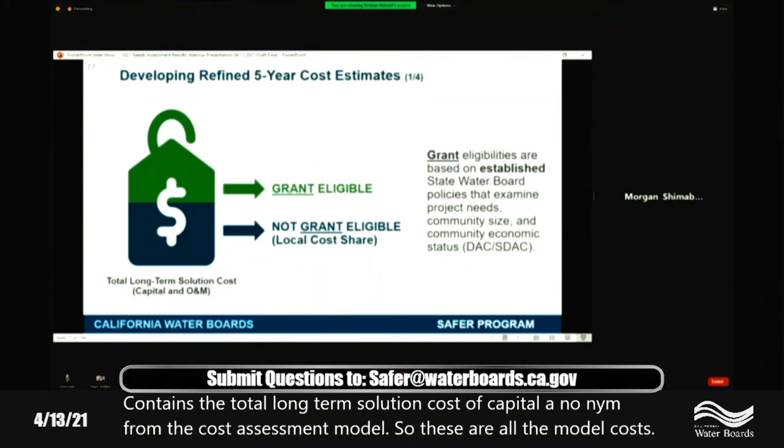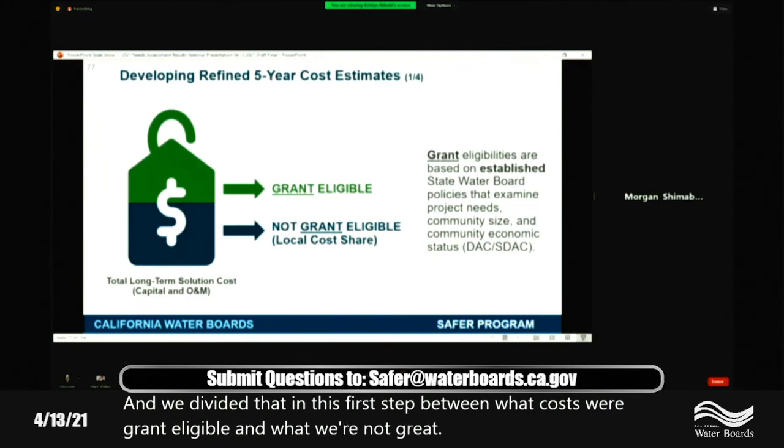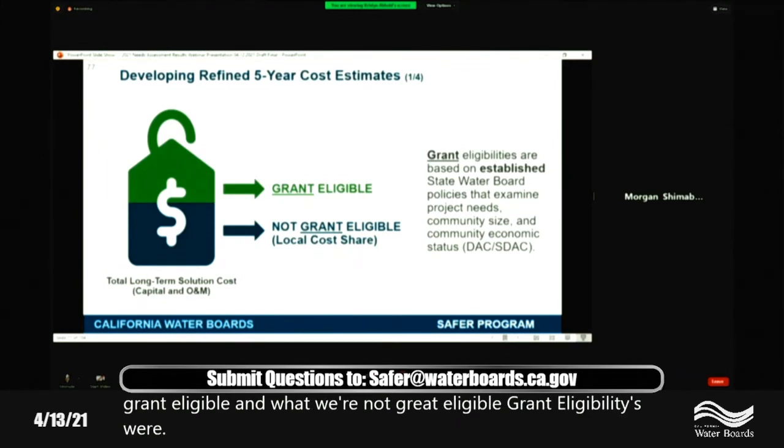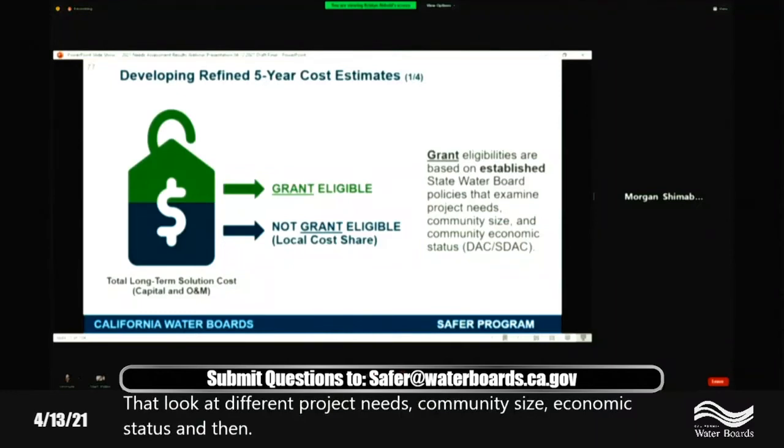And we divided that in this first step between what costs were grant eligible and what were not grant eligible. Grant eligibilities were all based on established State Water Board policies that look at different project needs, community size, economic status. And then the non-grant eligible portion is what we call the local cost share.